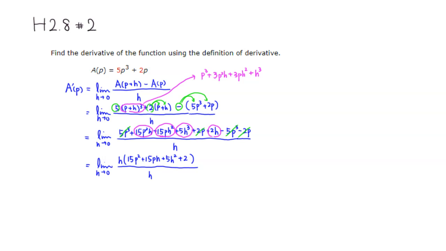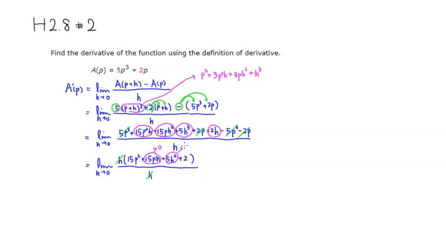Then you can see that we can cancel h on top and h on the bottom, a common factor on top and bottom. And then h is going to 0. Since h is going to 0, this term, 15p times 0, is going to be 0. And 5h squared is going to be 0.